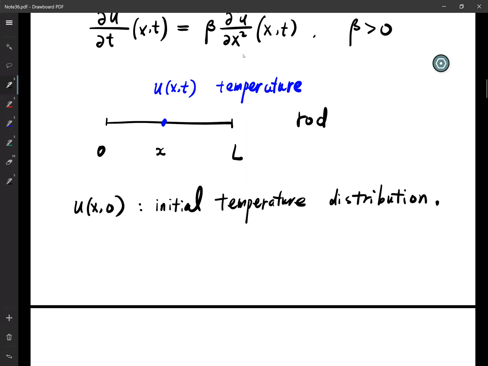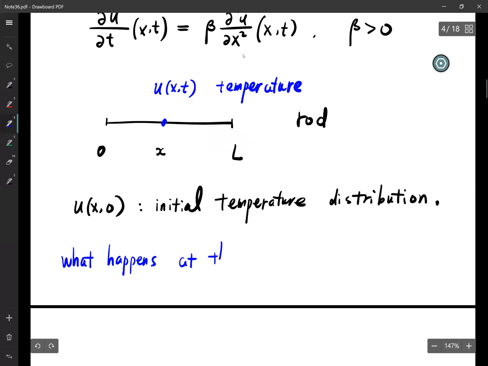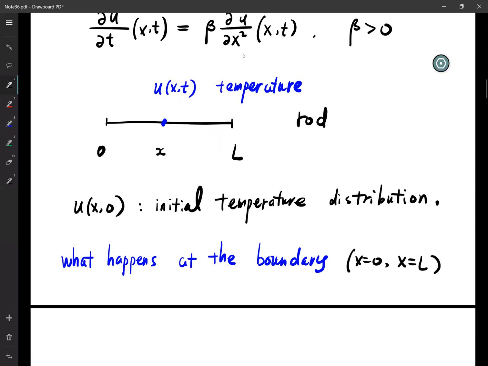If I just talk about the setup of the problem like this, it doesn't make sense. Why? Because I didn't talk about what happens to the boundary, which is, in this case, x equals 0 and x equals L. Why does the boundary matter?